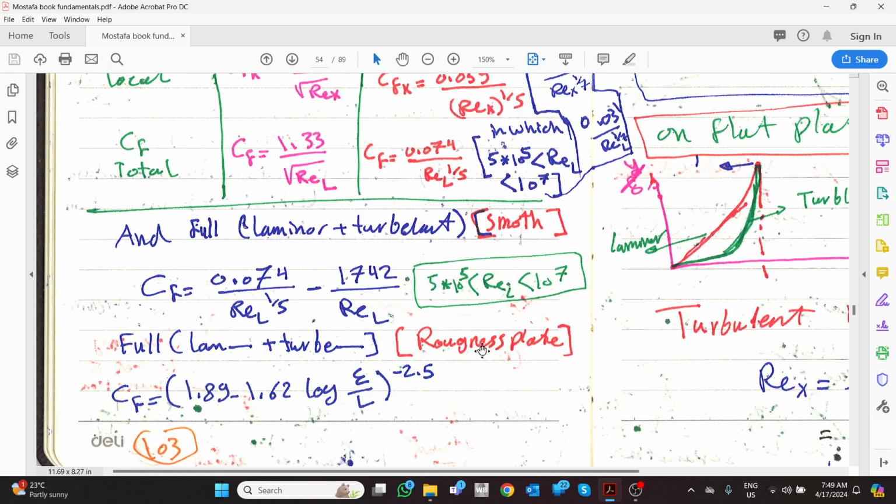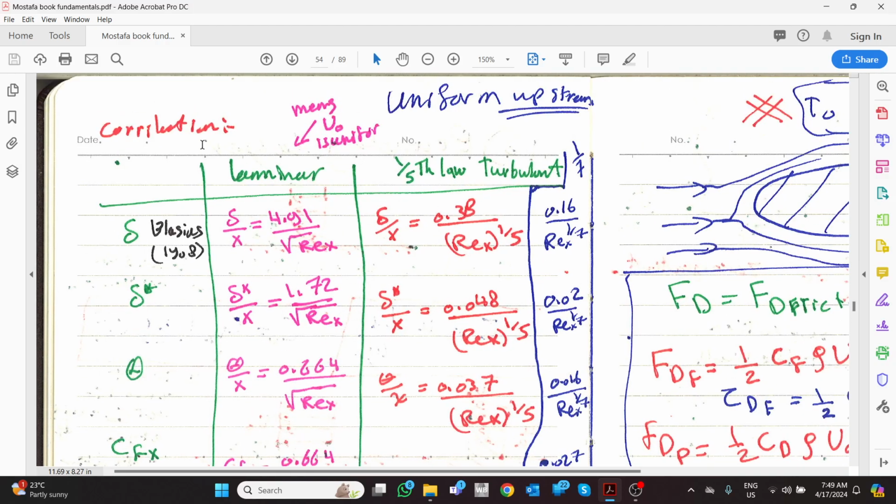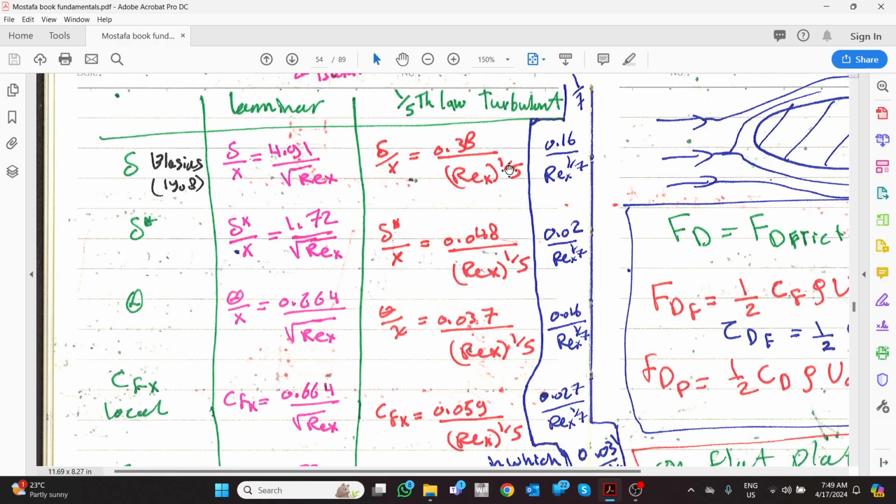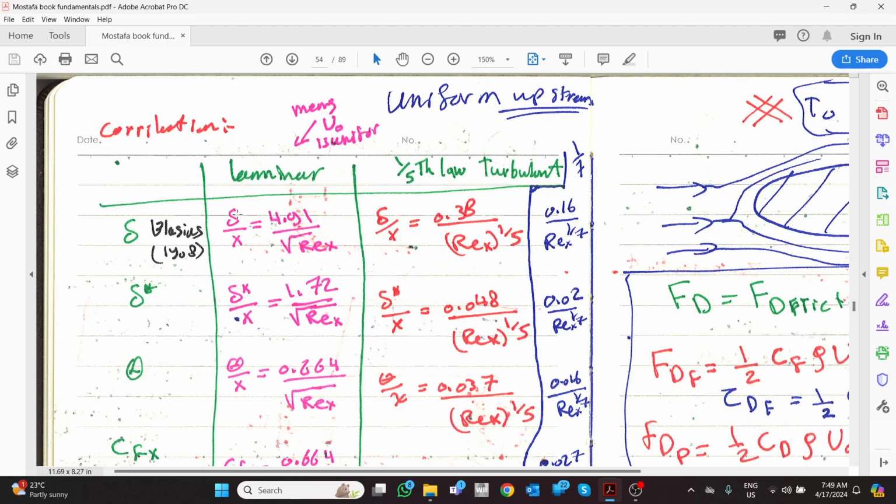Okay, we are going to turn back to the correlations, because after we finish, we can understand what these correlations are, which give delta as a function of x. For example, here in laminar flow, delta is equal to 4.91 divided by the square root of Reynolds number in x, multiplied by x, of course.